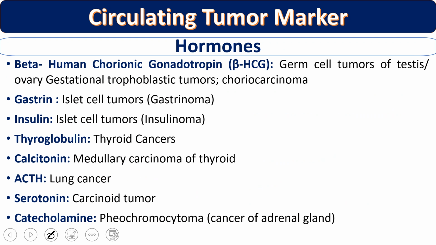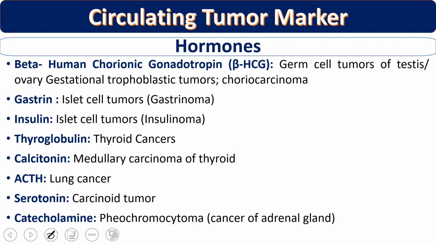Second category is hormones. There are a number of hormones that work as tumor markers, like beta HCG. I have already told you that beta HCG is produced by the placenta during pregnancy.